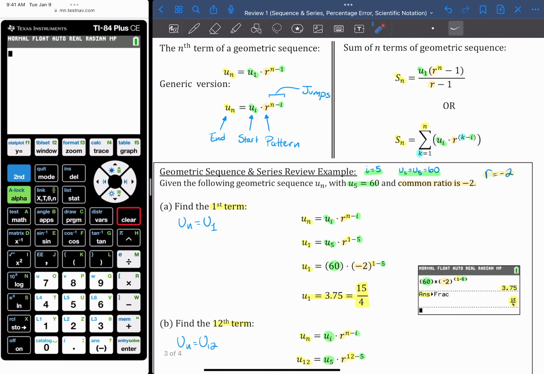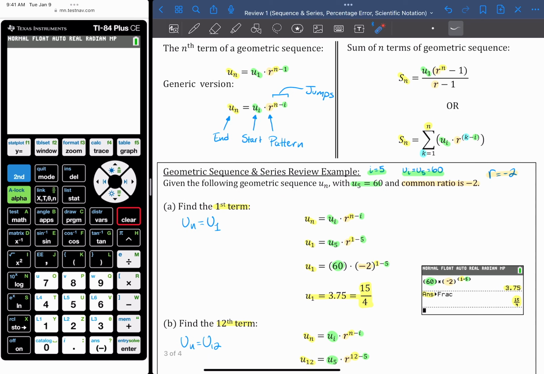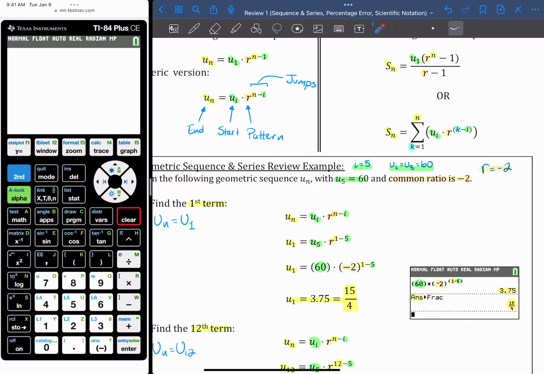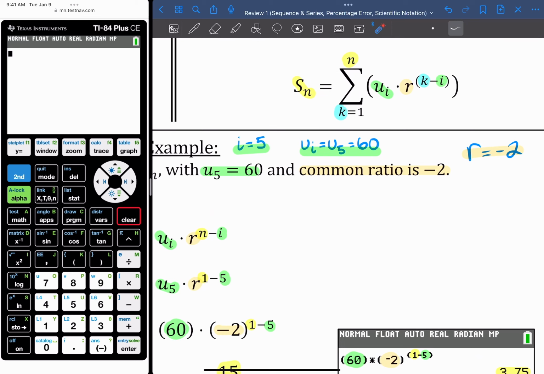So, given the following geometric sequence, u sub n, with the fifth term, or u sub 5, equal to 60, and the common ratio, part A, we need to find the first term. So, diving into this, let's talk about a few things. The given term that they have is the fifth term. So u sub i becomes u sub 5, which is equal to 60.